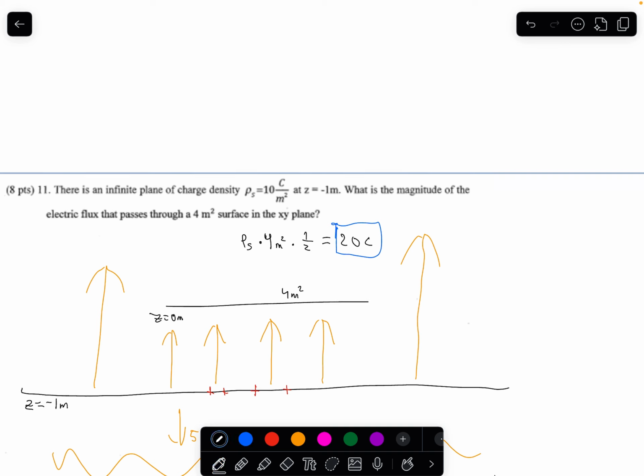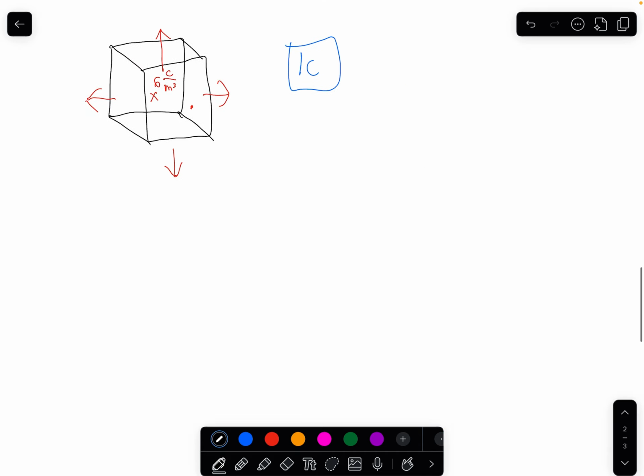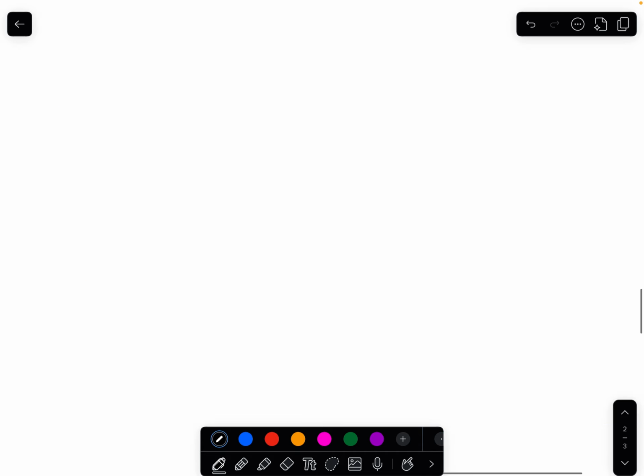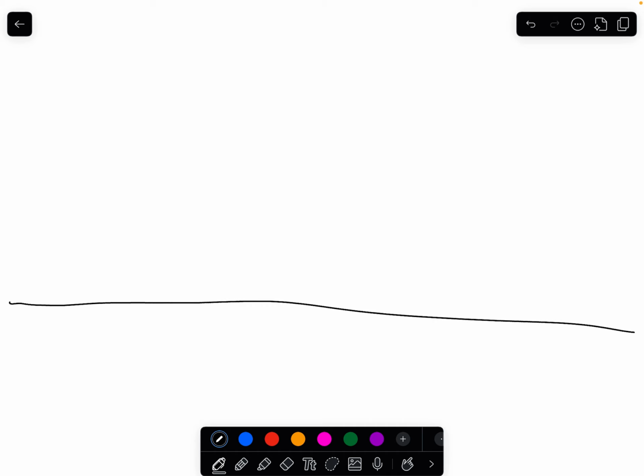However, it's not always that simple. For example, if we had it differently, and you had the infinite plane here, and then your plane looked like this instead of ours. So we knew ours was parallel to the infinite plane because the infinite plane was at z equals -1, and our plane was on the xy plane, and so it must be parallel.